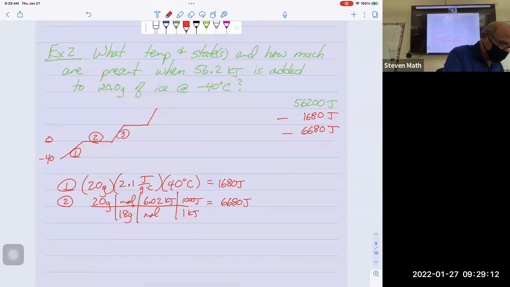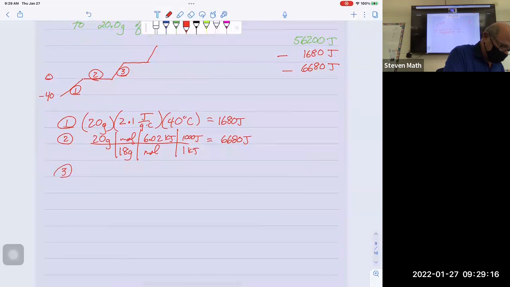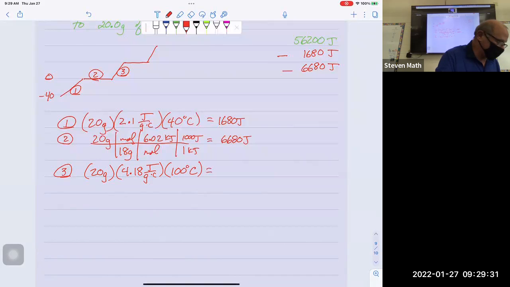3 means we got to heat it up from 0 to 100. Take that 20 grams. Our good old friend 4.18 joules per gram per Celsius. We're going to cook that up 100 degrees. Still only going to cost you another 8,360.